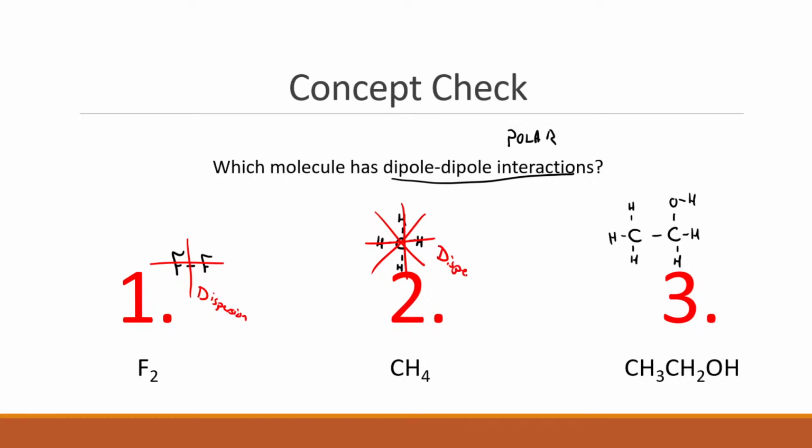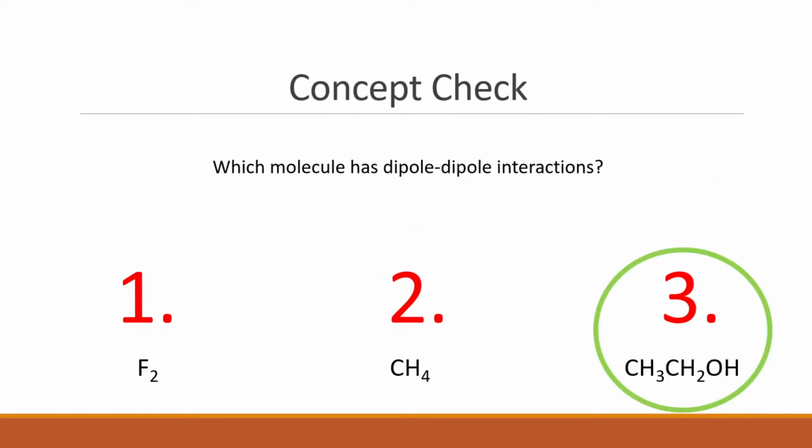But this molecule, choice 3, actually has all three. Everything has dispersion. This is a polar molecule, so it has dipole-dipole. And then because of this OH, it also has hydrogen bonding. It is the only one of our three choices that has dipole-dipole interactions, though, so it makes it our answer.